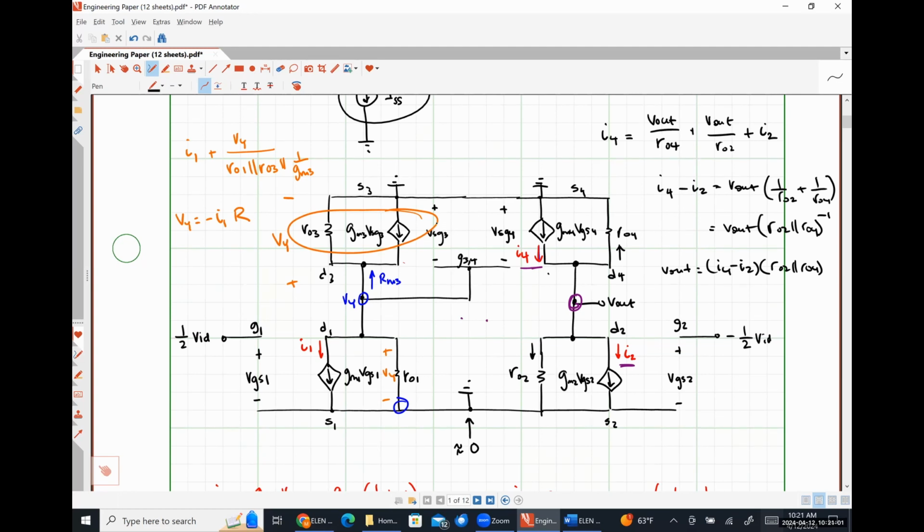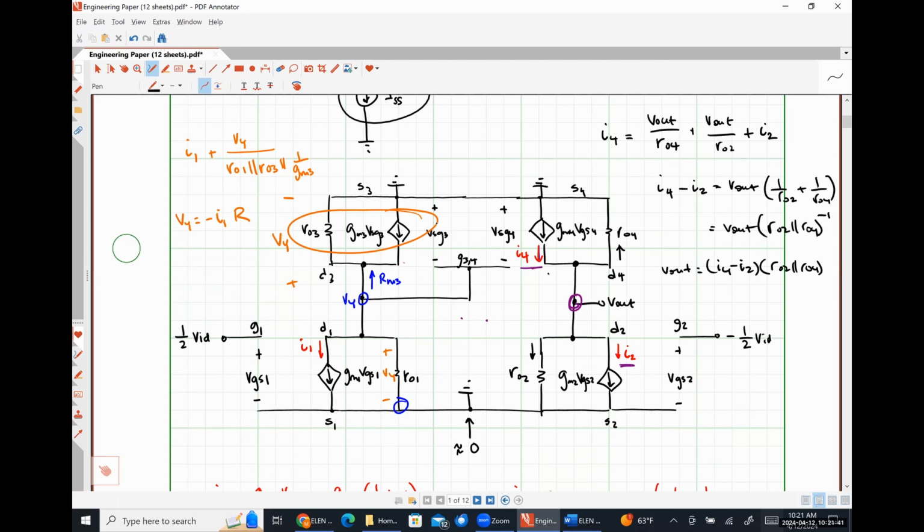Pretty much, yeah. So we're looking at things from a small signal perspective.